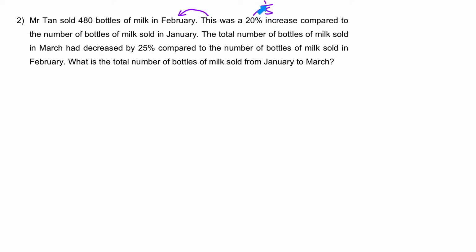Remember, this fraction, the denominator always belongs to the item or object they mentioned after the percentage given. Okay, so January is 5 units and February was 1 unit increase from the 5 units, which means this must be 6 units.